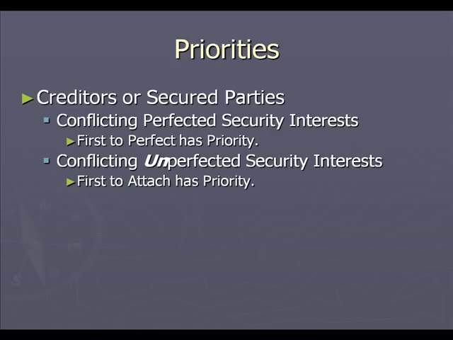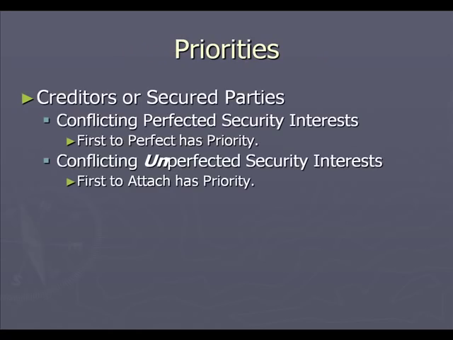Okay, the next one is if you have two unperfected security interests. So these are creditors who have created a security interest by attachment, but they did not file the financing statement, or they do not have possession of the collateral, or they're not a purchase money security interest holder. Here we just say, okay, the first security interest to be created wins out of those two creditors, first to attach.